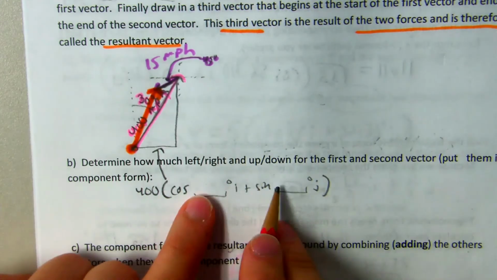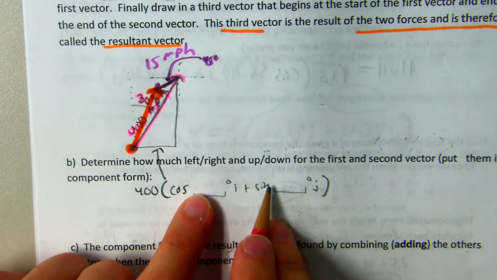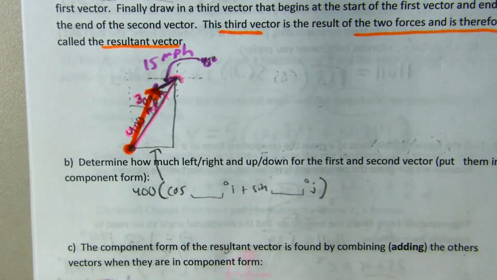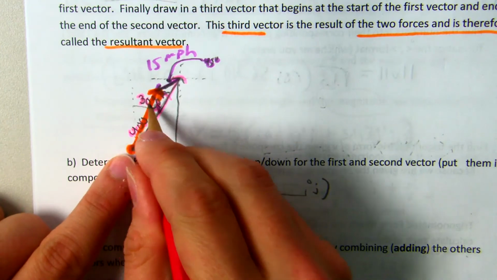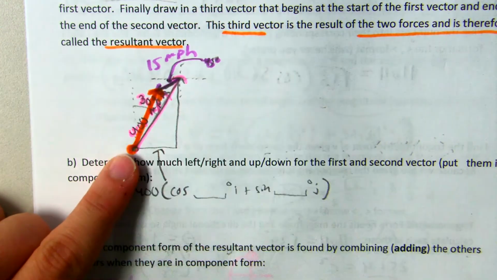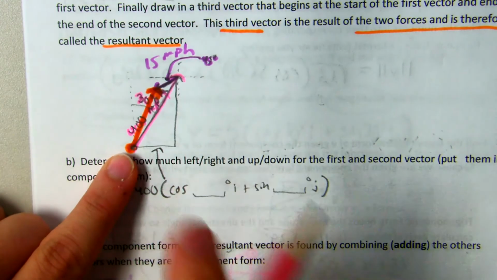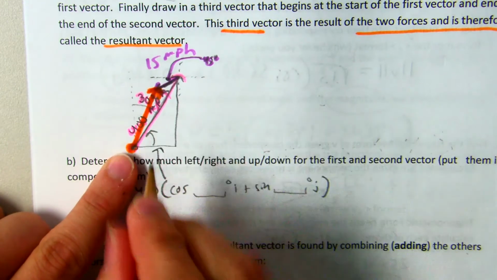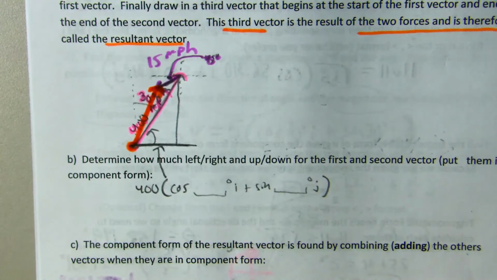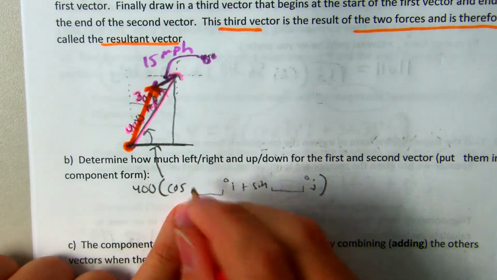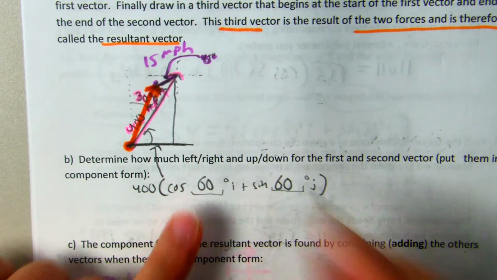If I'm plugging an angle into sine and cosine, it assumes I'm starting from the positive x-axis. So it might be 30 from north going clockwise, which is bearing. But when I plug a number in here, it wants to know how much from the positive x-axis do we go in that direction, like we did in trig. So it's not 30, it's 60.